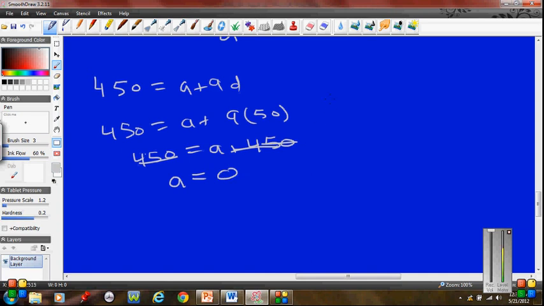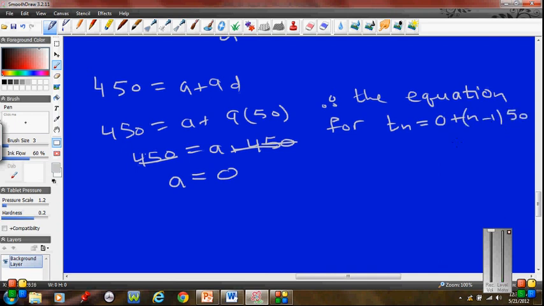So our initial value is 0, our D value is 50, and therefore the equation for Tn is equal to 0 plus n minus 1 times 50, and 0 is 0, so I'll just leave Tn is equal to n minus 1 times 50.